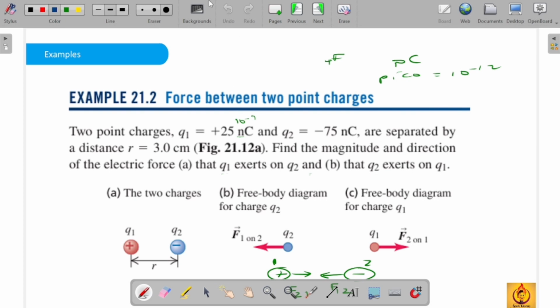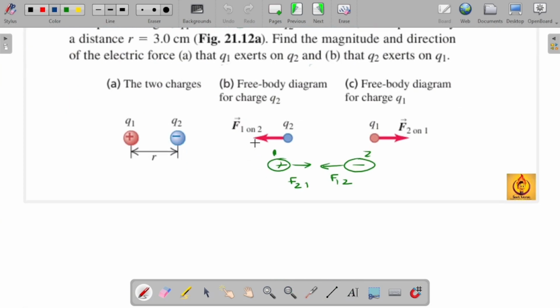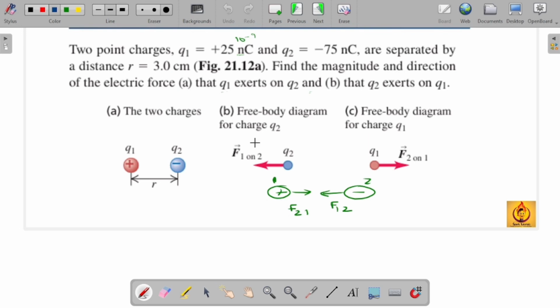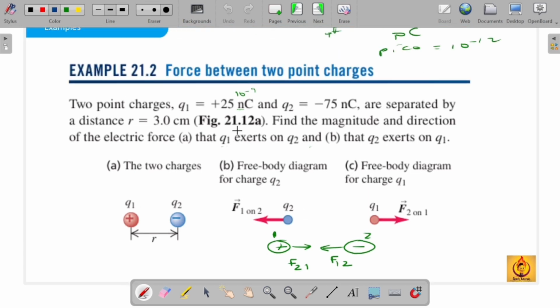And then we did this problem which is between two opposite charges. This one was the force of attraction, because now they are attracting, the opposite charges, and we use the same idea that these two charges have the same magnitude of electric force. They just differ in direction. This is where Newton's first law comes in handy.